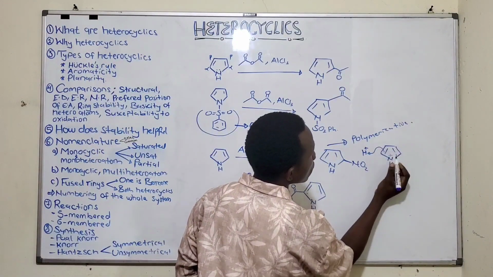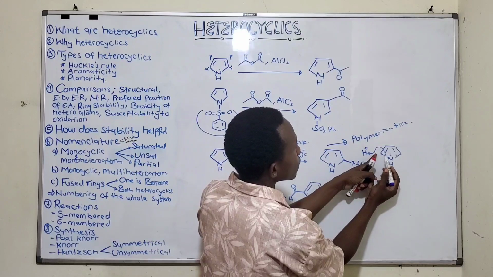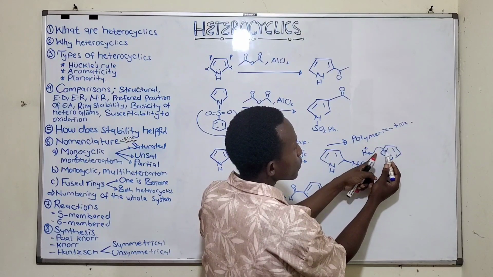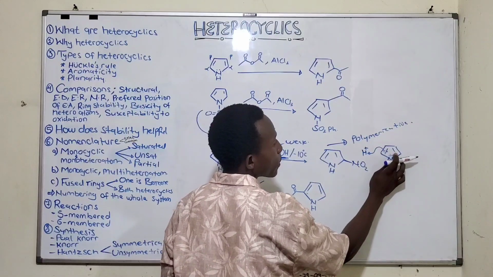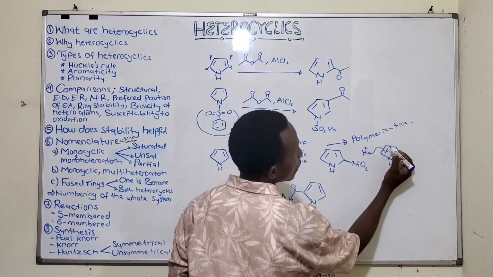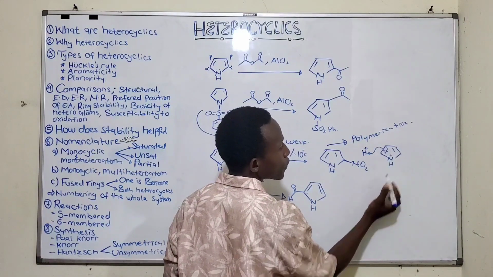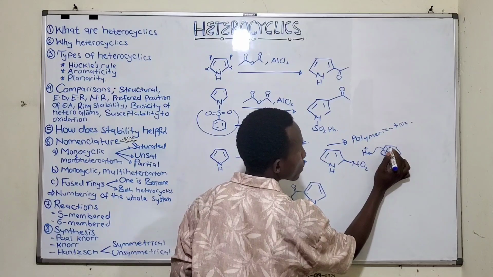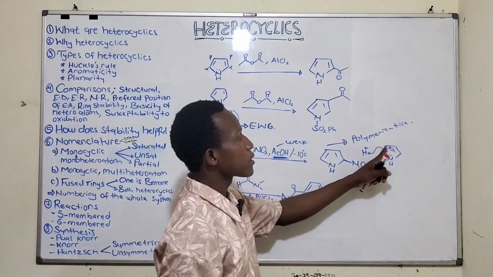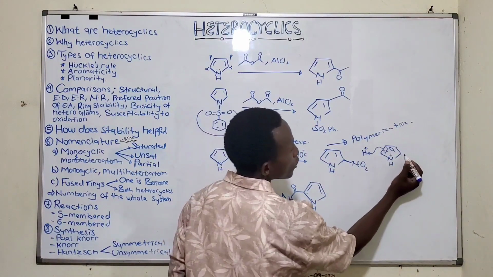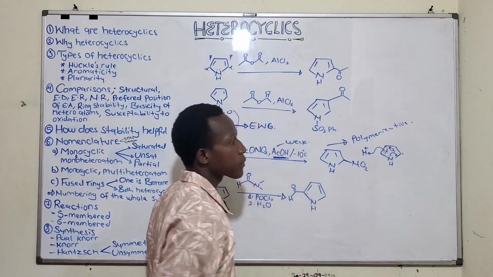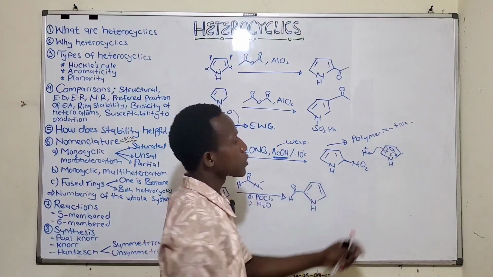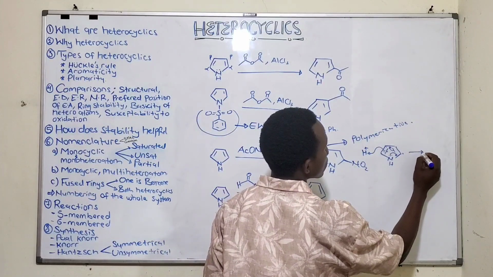As this one attacks, it would use these electrons, the bond pair electrons. Now this one will be plus. If it becomes plus, now nitrogen will try to stabilize this carbocation. So we shall be having this.